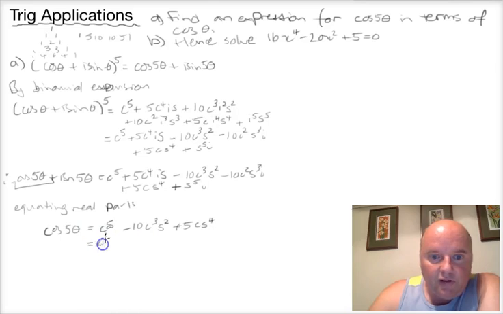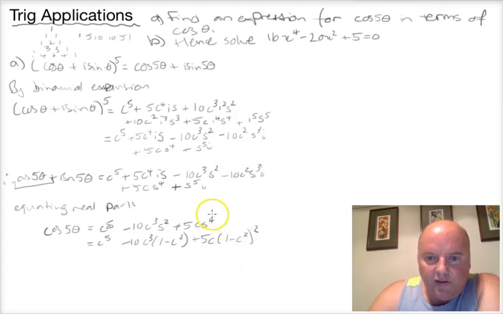We get cos to the power of 5 minus 10 cos cubed times 1 minus cos squared. That's using your Pythagorean triads. Plus 5 cos times 1 minus cos squared, all squared. So this part here is really sine squared all squared. I can replace sine squared with that, and so I'm just squaring it. A little bit of expanding and tidying up, we get cos to the power of 5.